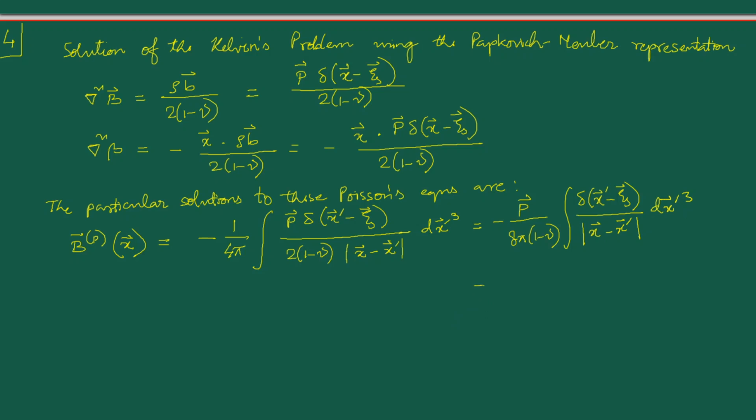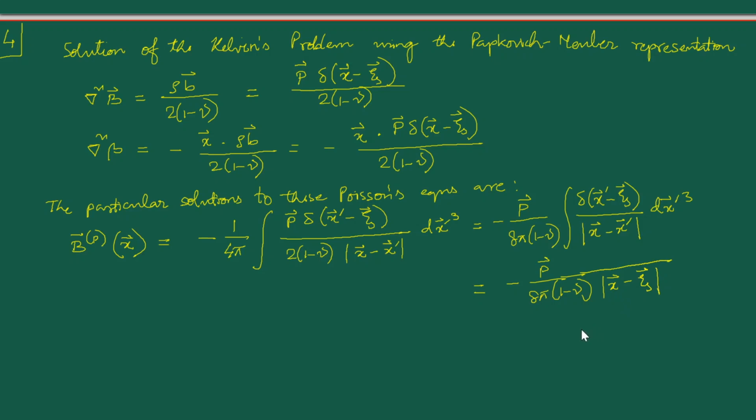So all that I have to do in order to carry out this integration is to utilize the filtering property of this Dirac delta, and we have already done this in the example problem. So it's exactly like that. The result is that this remains as it is from the previous step, and what we have here is simply the x vector minus this x vector dash. This gets replaced by this specific point where the point body force is acting.